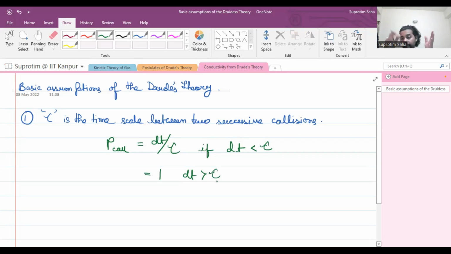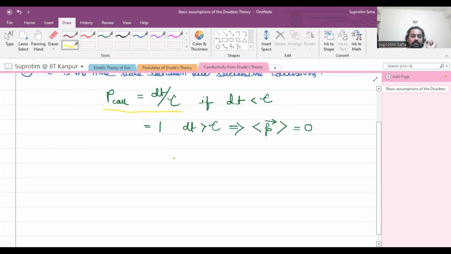Naturally, if you are looking beyond the time scale tau, then within that time it has undergone an enormous number of collisions and its motion has randomized, and the net average momentum becomes 0. All right. So the motion is completely randomized and the net average momentum goes to 0. The probability of collision is dt by tau. Fine.